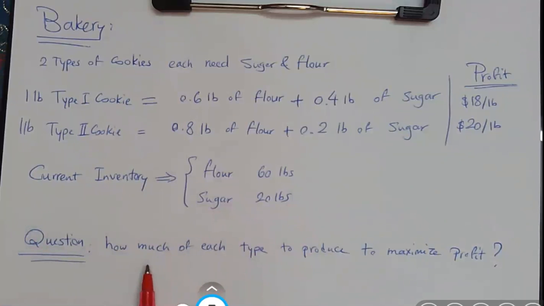We want to know how much of each type of cookies to produce in order to maximize the total profit. I want you to pause the video and think about this one. Try to first formulate this problem for yourself, and also try to see if you can find the optimal solution.